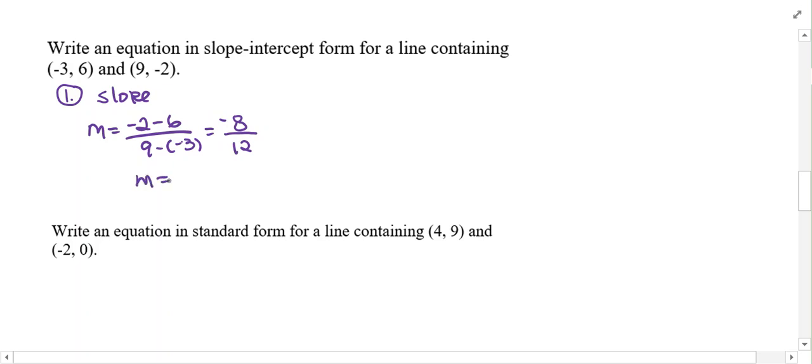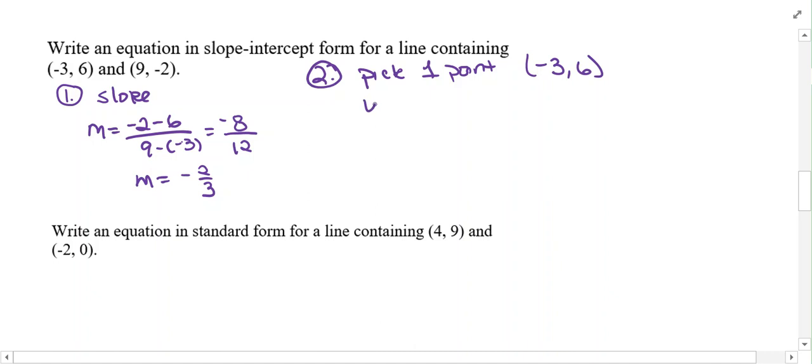So I have my slope is -2/3. Second is pick one point. And I'm going to pick the point (-3, 6). Even if you pick the other point, we'll end up with the same equation in slope-intercept form.